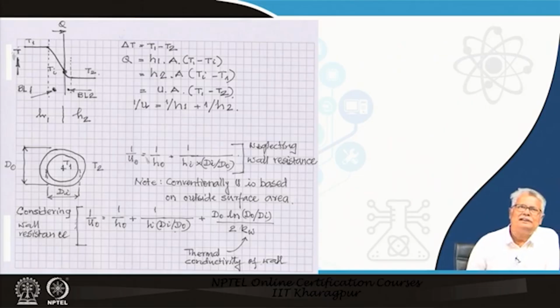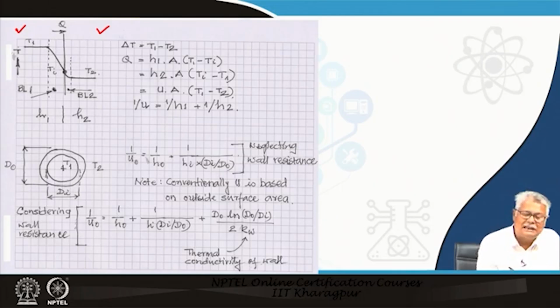Now, what we have here is a schematic. I have a fluid 1 to the left and a fluid 2 to the right. The fluid 1 bulk temperature is T1, the interface temperature is Ti, and the right side temperature is T2. I had mentioned the word boundary layer in the first slide itself.